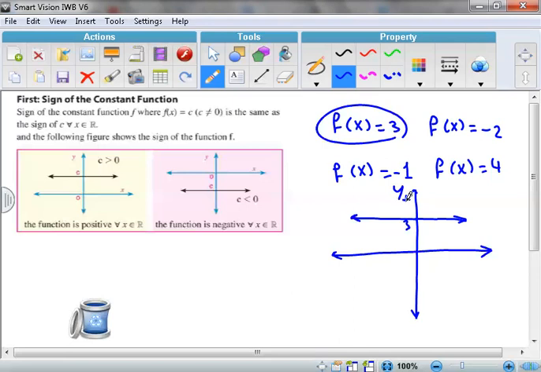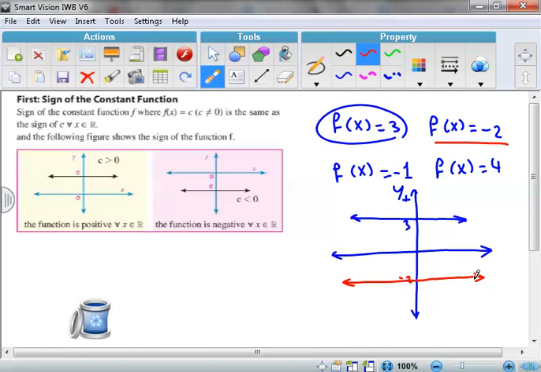The whole function is on the positive y-axis. If we represent f of x equals negative 2, from the point negative 2 we graph a straight line. Is this line in the positive part or negative part? Negative part.